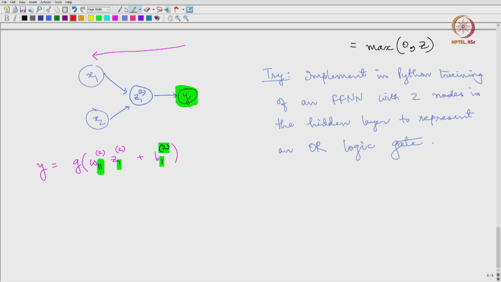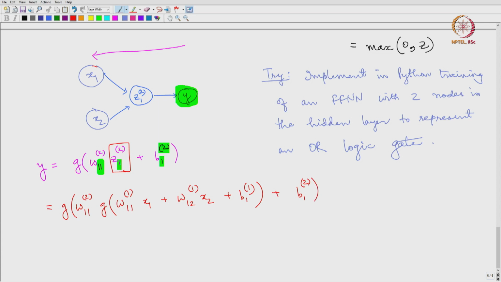Okay. So with this written, now z12 itself is going to be formed by the weighted forms of x1 and x2. So that will be g of w112 times the activation function applied on w111 x1 plus w121 x2 plus b11, and then you still have b12 here.